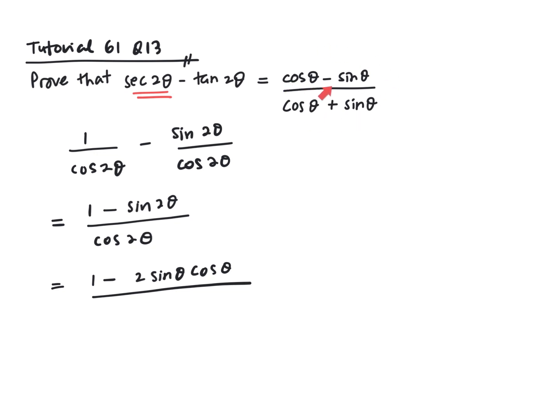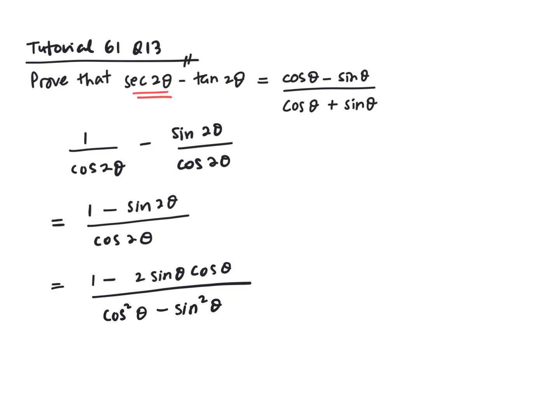It involves cos theta minus sin theta, and cos theta plus sin theta. So this one maybe involves the identity of cos square theta with sin square theta. So we will choose that one. This cos 2 theta should be replaced with cos square theta minus sin square theta.